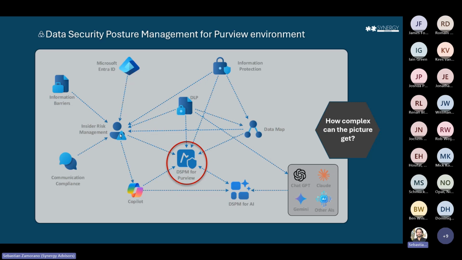And insider risk is capable of starting to understand different behavior from end users and take some actions. And that information is sent to the DSPM.